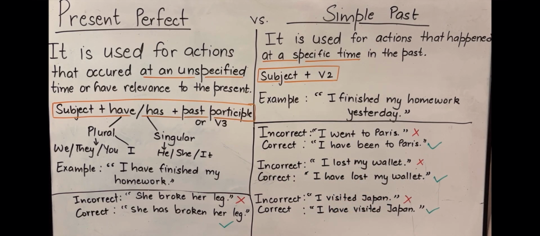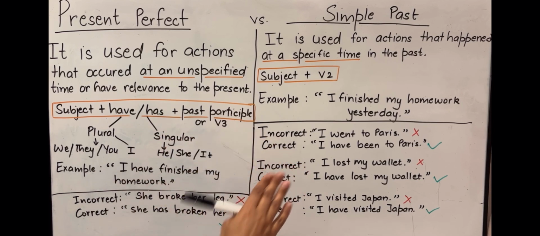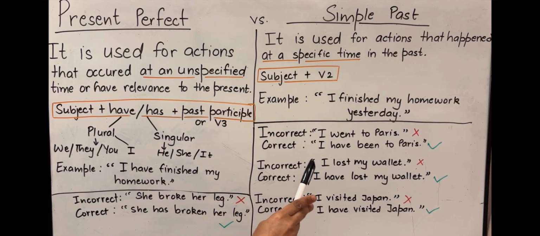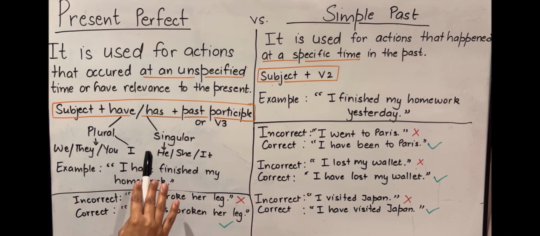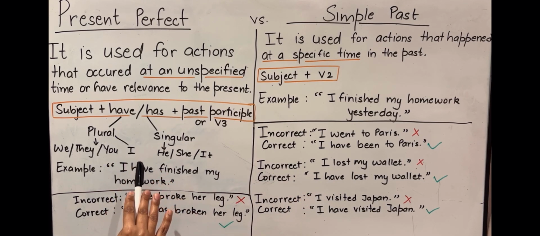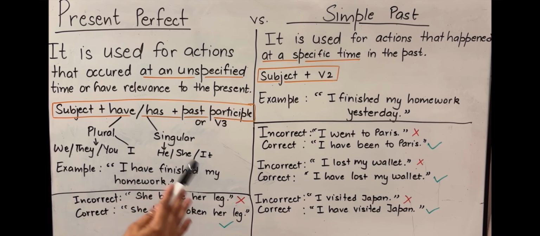Now we'll be discussing some confusions where people use present perfect and simple past incorrectly. Simple past is used for actions that happened at a specific time in the past, whereas present perfect is used for actions that happened at an unspecified time before now. In present perfect, the focus is on the fact that the action happened, not when it happened.